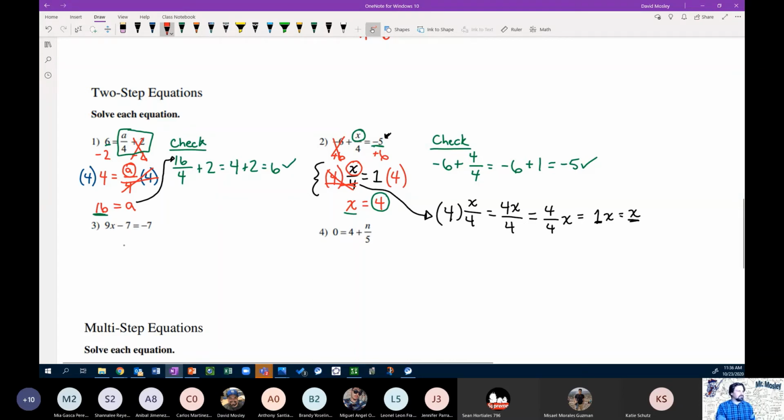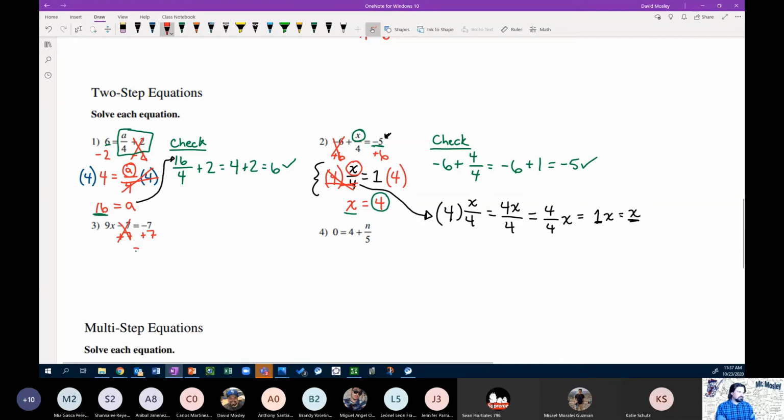Okay, so our first step, do the plus 7, so that I can remove the minus 7 that's attached to my variable. This equals 0 here.